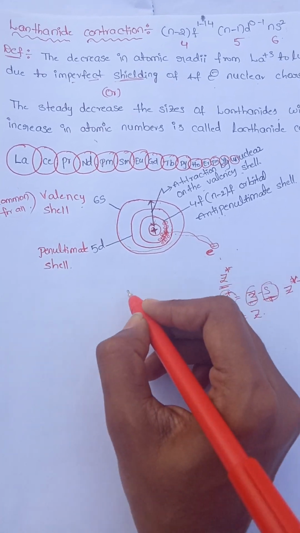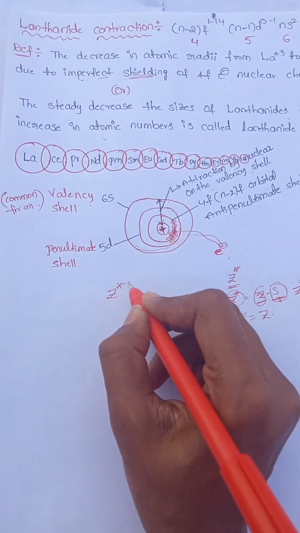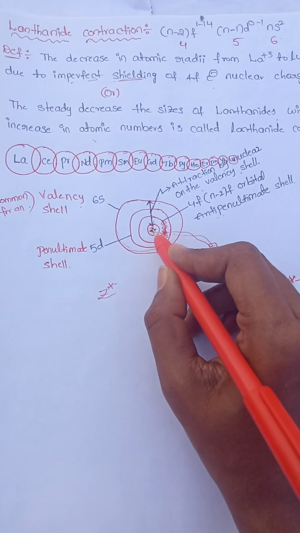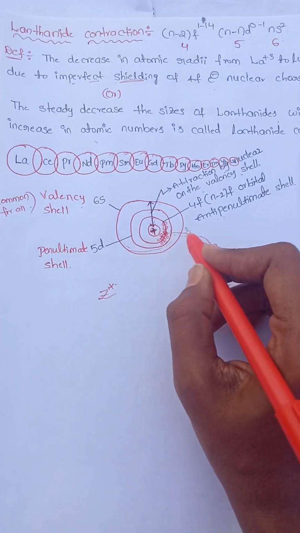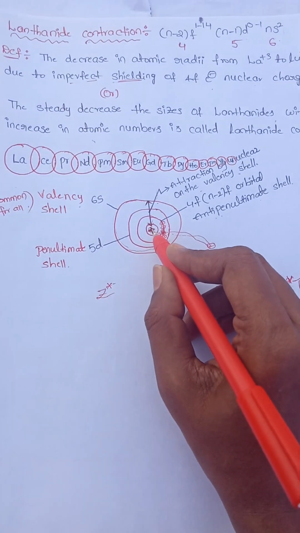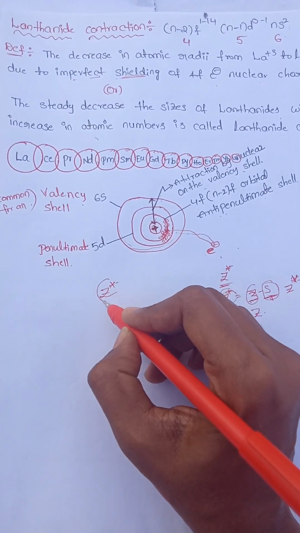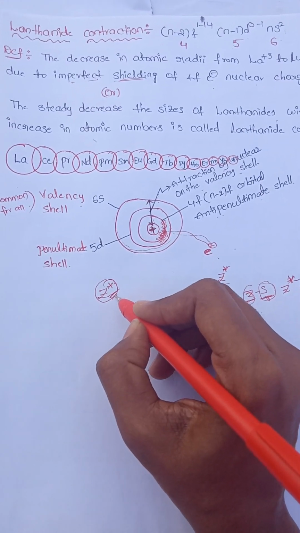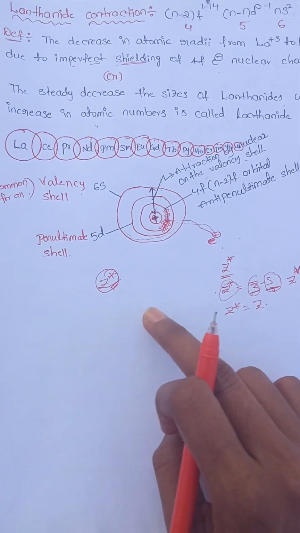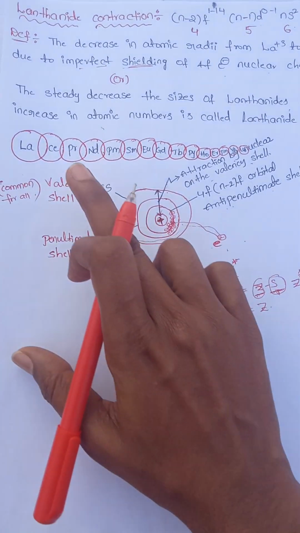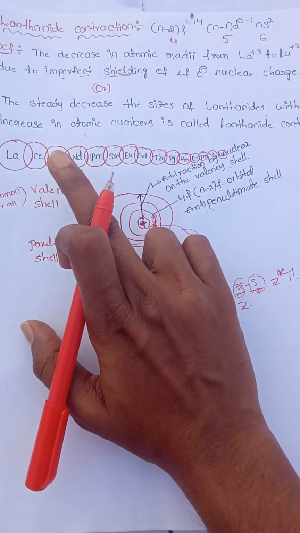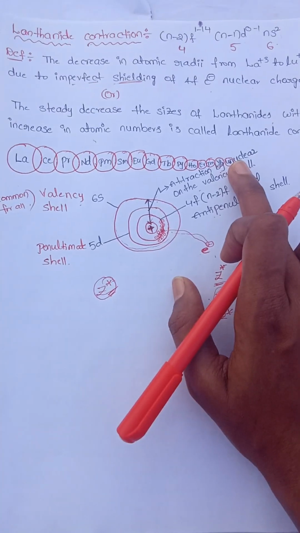That effective nuclear charge is Z star. When the number of electrons increases, the nuclear charge increases, that means plus charge, and the effective nuclear charge Z star also increases from lanthanum to lutetium.